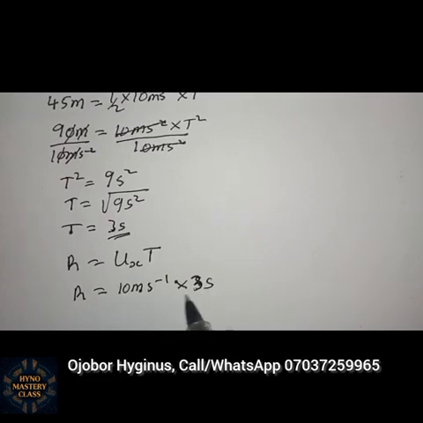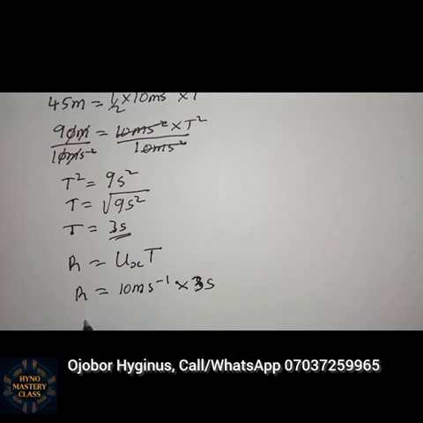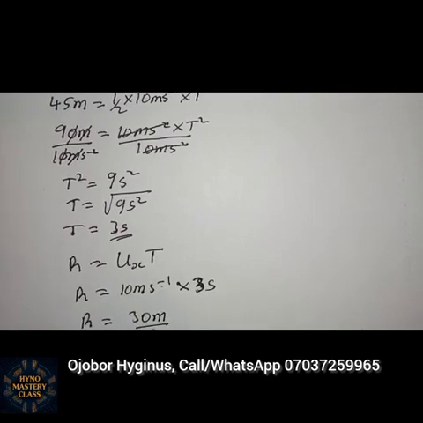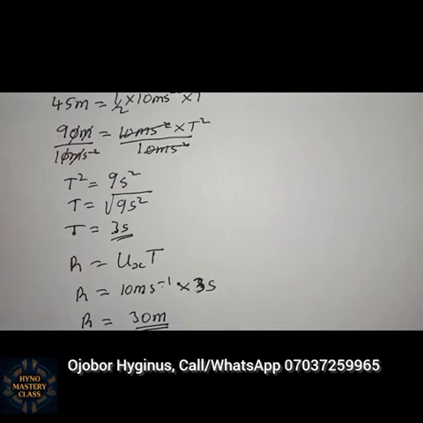Okay, if we multiply this, the range will be equal to 10 times 3, we have 30 meter seconds per second, and second we cancel, we have 30 meters. So the range is 30 meters.